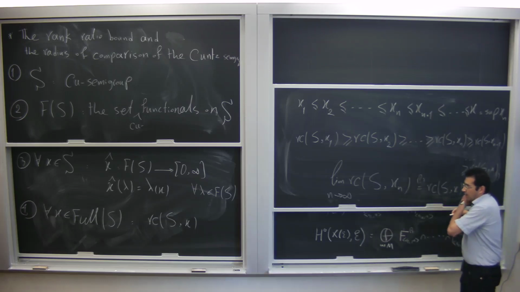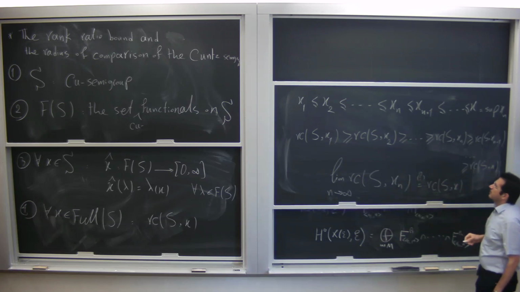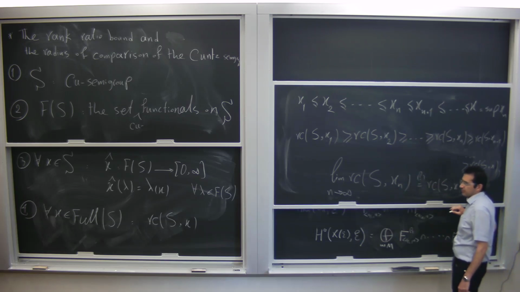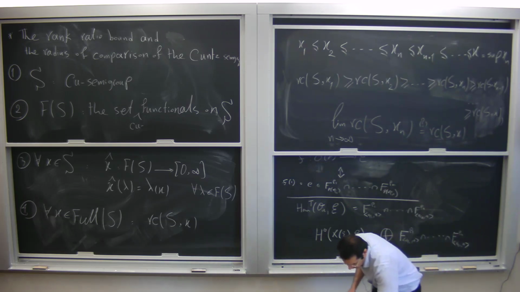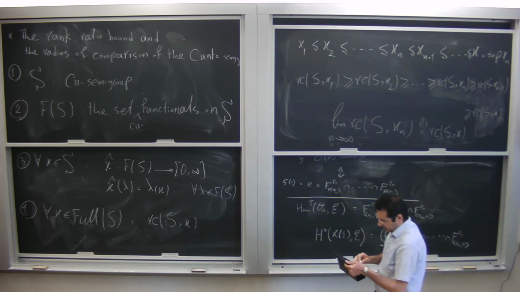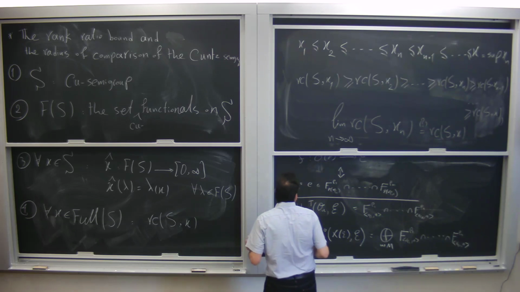To answer this question, we have to define something called the rank ratio, or rank ratio bound, for any pair of elements in our Cuntz semigroup. What is the rank ratio?